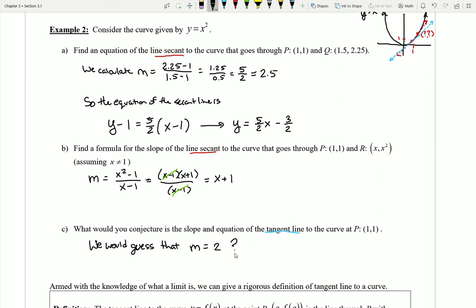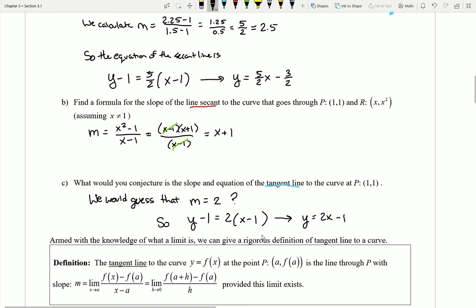I'll put a question mark back there, like I'm not really sure. And so the equation of my tangent line would then be equal to something like this, right? Notice I'm using 1, 1, but also the slope of 2, right? So I would get something that looks like y equals 2x, and I guess minus 1 I should have there if I put it in point slope form, or slope intercept form. So this is kind of strange, but this is actually where this idea of a limit comes in to help us. Let's take a look.